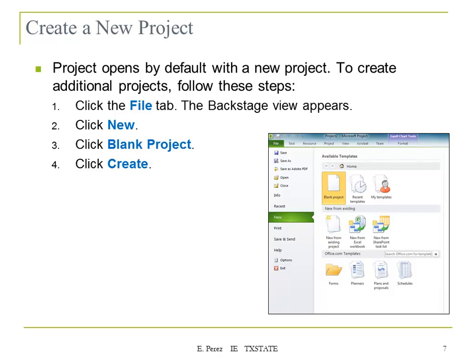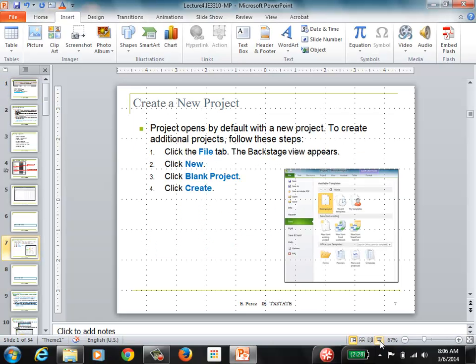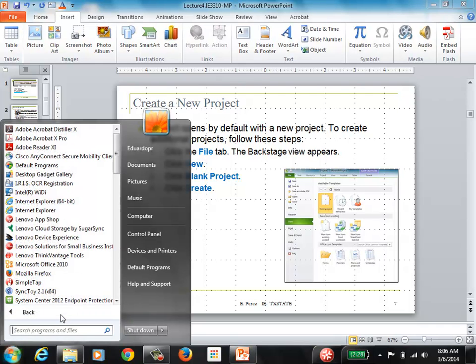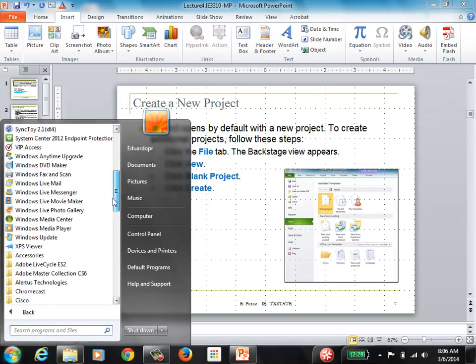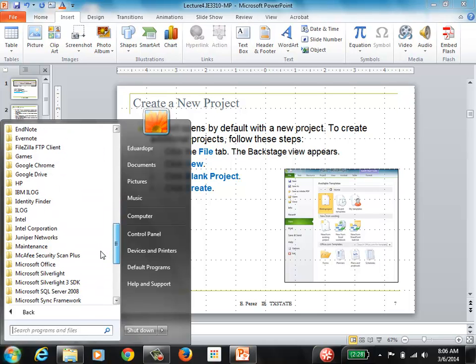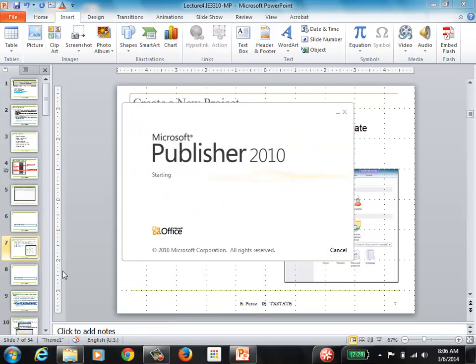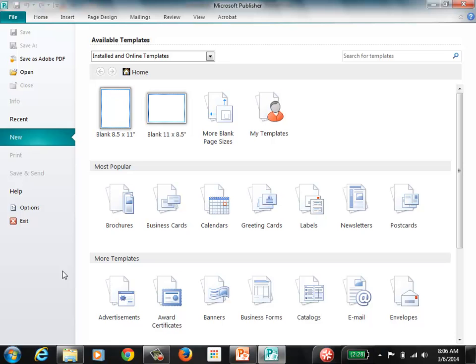But if you want to create multiple projects at the same time, then you can go to File. Let me actually open Project here on my computer. So you can go to New and then click on New Project.